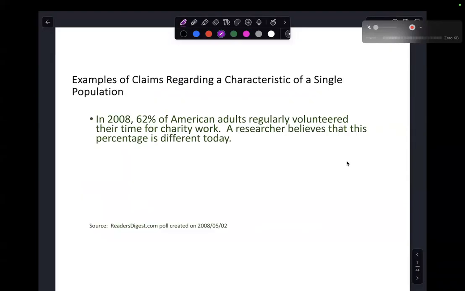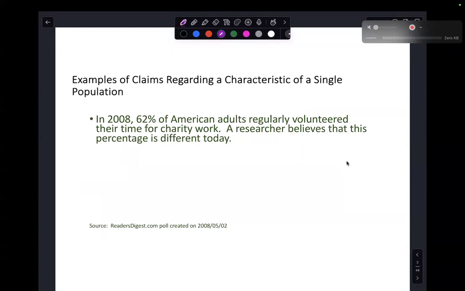So here's some examples of claims that we would make with a hypothesis. So in 2008, 62% of Americans regularly volunteered their time for charity work. A researcher believes that percentage is different today. So this is a claim that we might see.